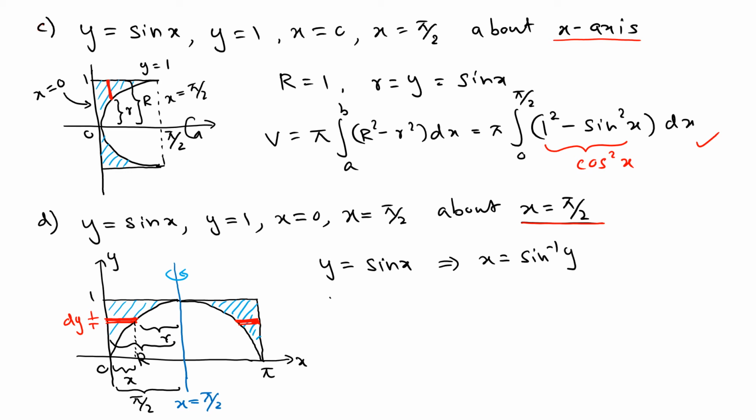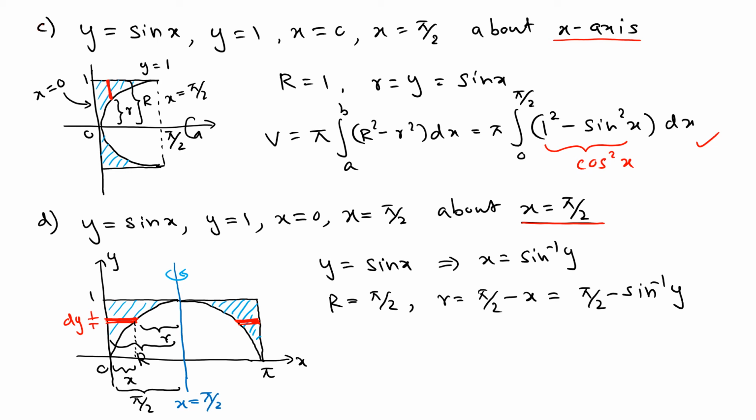Now we have the larger radius, which is pi over 2, and then the smaller radius. The smaller radius is the total length pi over 2 minus the x coordinate. That means pi over 2 minus sine inverse y. Okay, that's what I get.